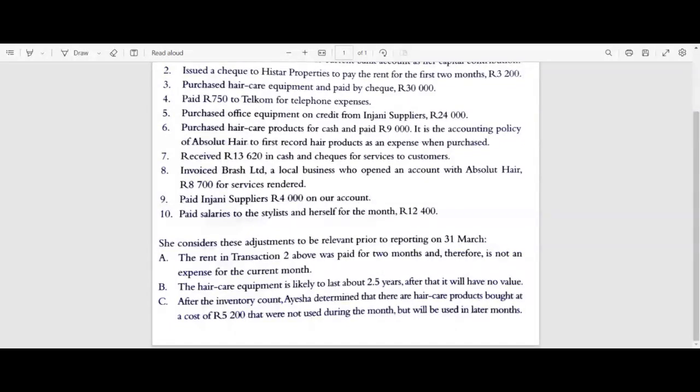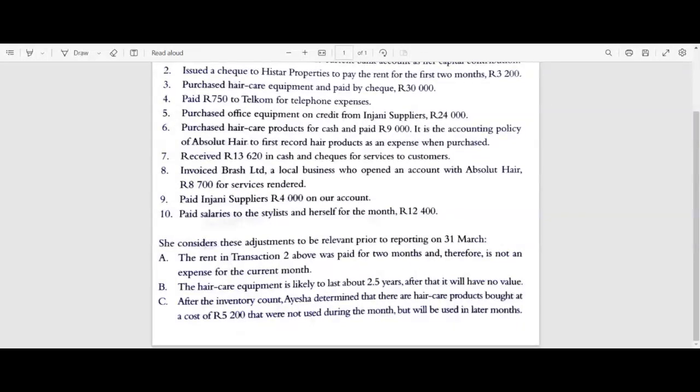So clearly, after we have recorded this transaction, the balance on our accounts payable account must therefore be 20,000. But at the moment, the balance on that account is 24,000. And we know that it is a credit balance because we credited the accounts payable when we looked at transaction number 5.